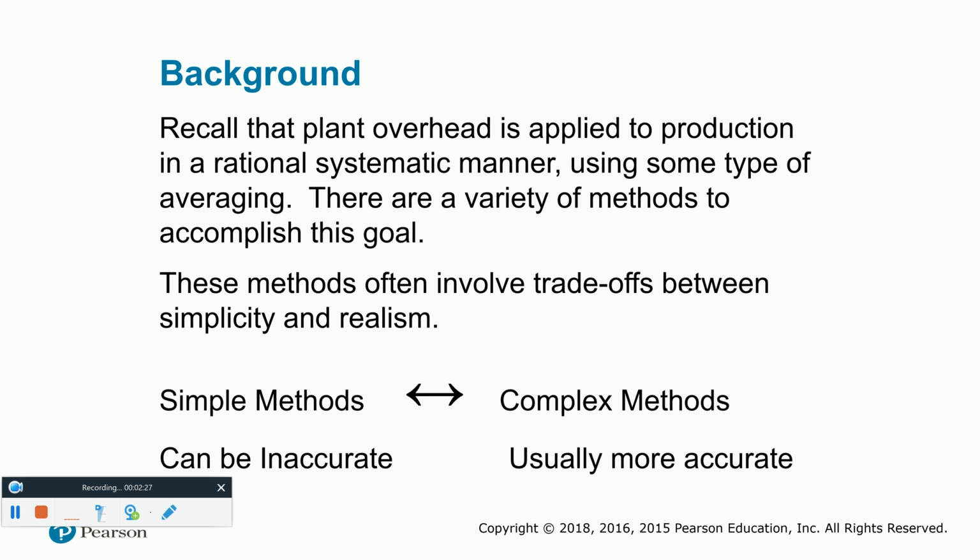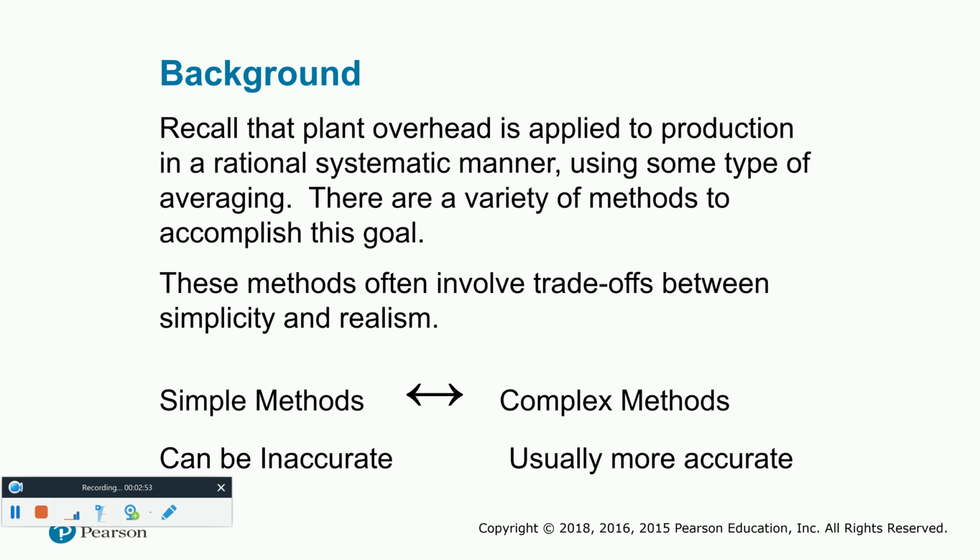The reason for that is because each expense is driven in a different way. In some cases, the cost may be driven by machine hours. In some cases, it may be based on setup hours. It may be based on labor hours on the floor. So each unique expense is going to have a different cost driver.